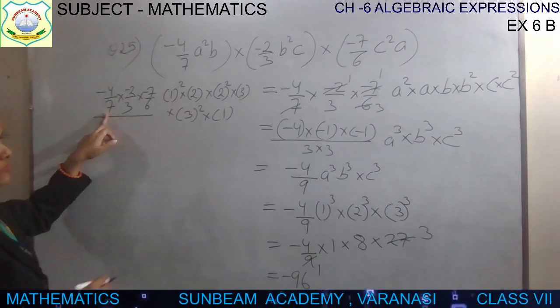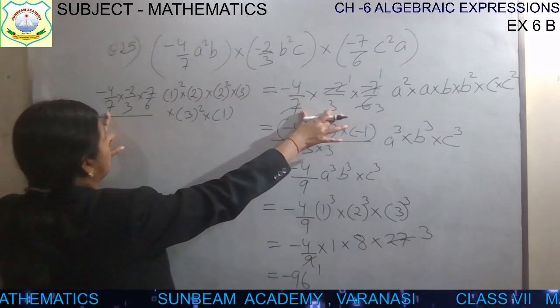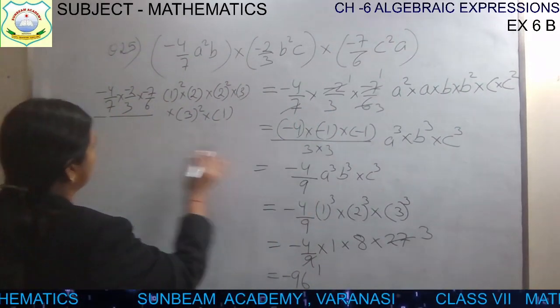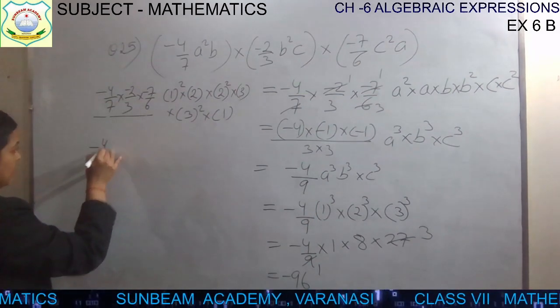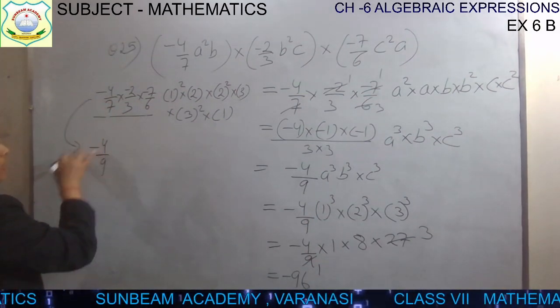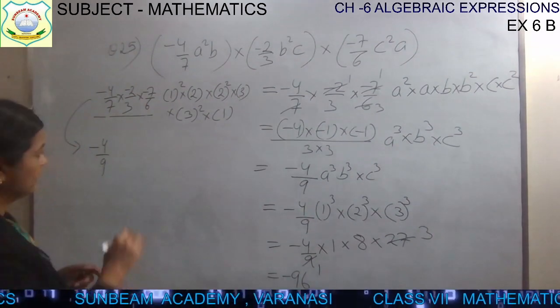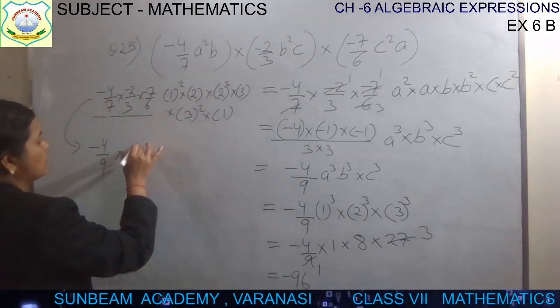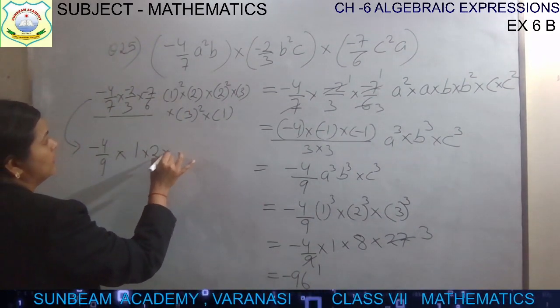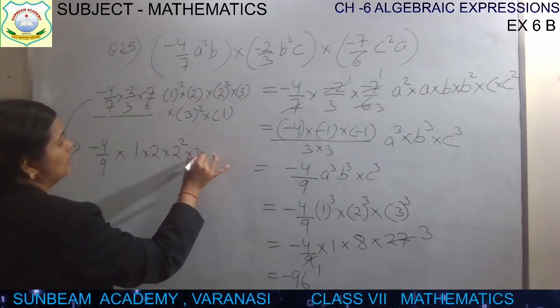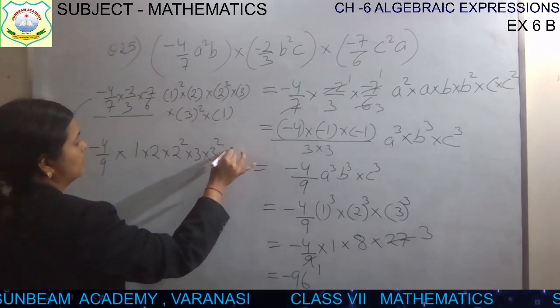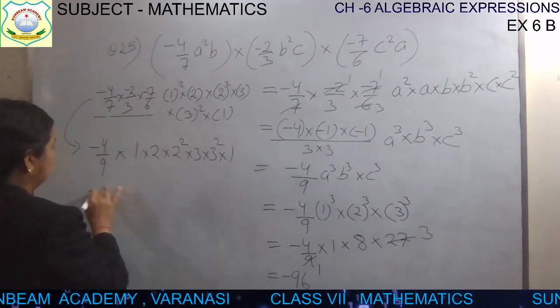Now this one, these three, how much is this? Minus 4 by 9. So instead of this I am writing minus 4 by 9. Its value will come as minus 4 by 9 into the square of 1, 1, into 2 into the square of 2, into 3 into the square of 3, into 1. So 1 and 1 will remain 1.